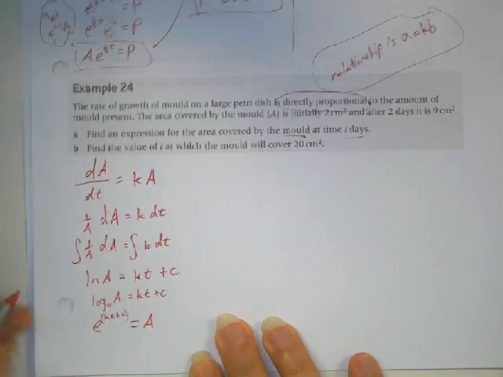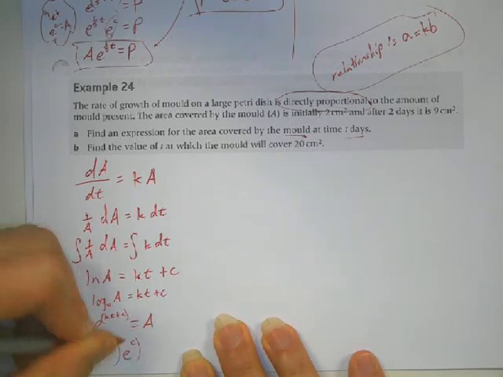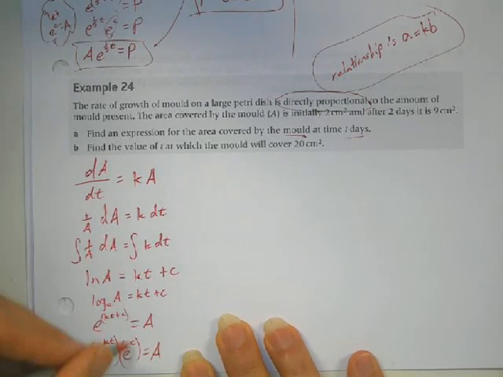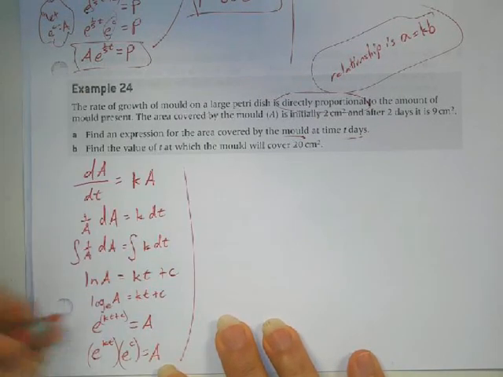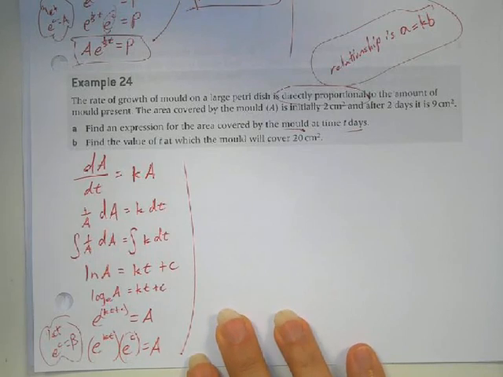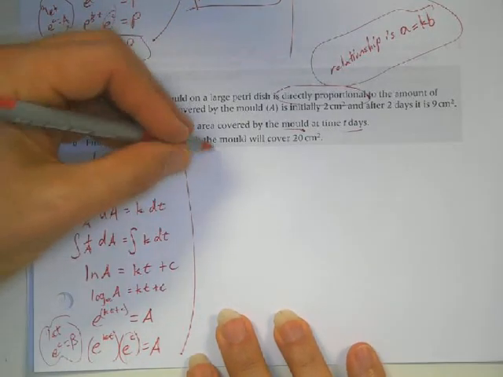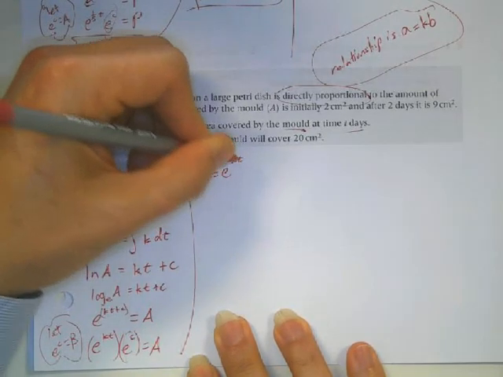We had e to the kt times e to the c equals A. And we've already got the letter A working with us here, so I'm going to use the letter B. I'm going to let e to the c equal B. B is a constant. And so now I've got A equals e to the kt times B.